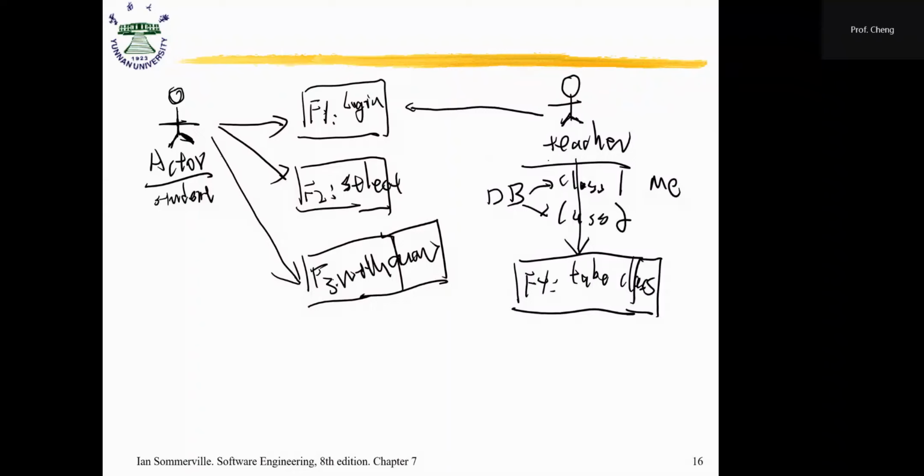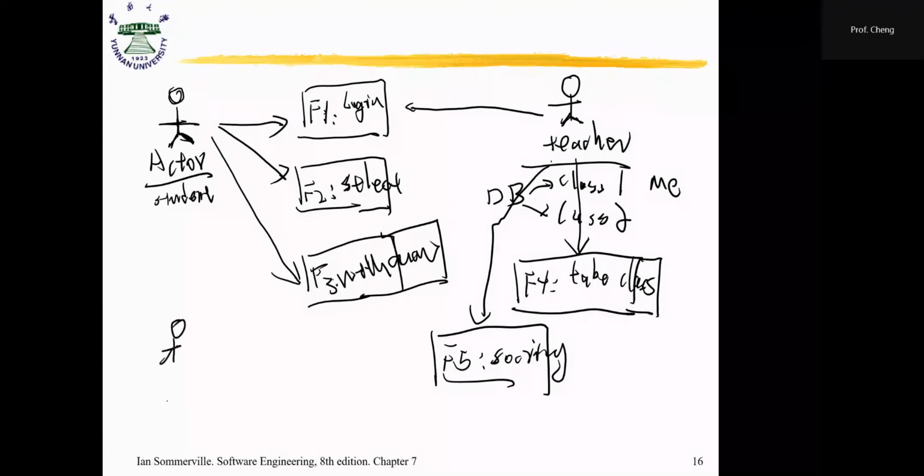And the teacher can also do F5, it can score, right? You must consider this one. Scoring, it can score some students in which course. And the last one, you maybe have the other actor. It's admin.